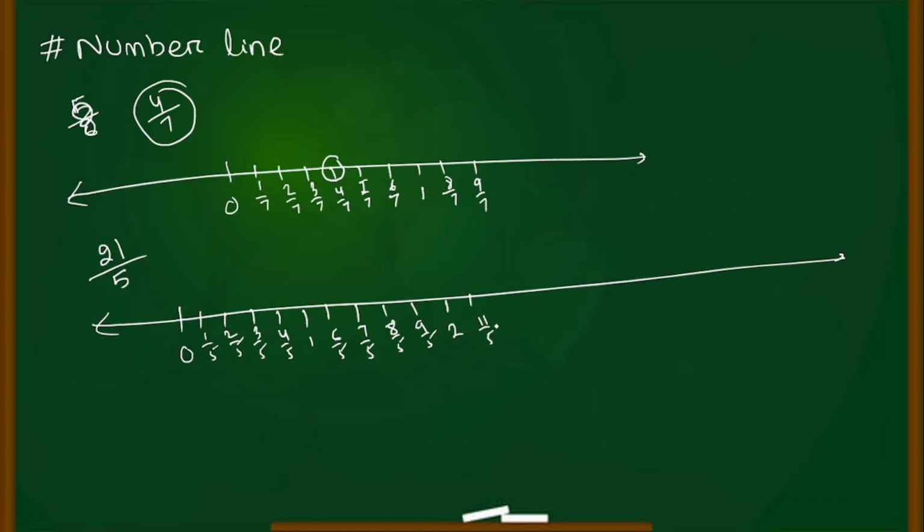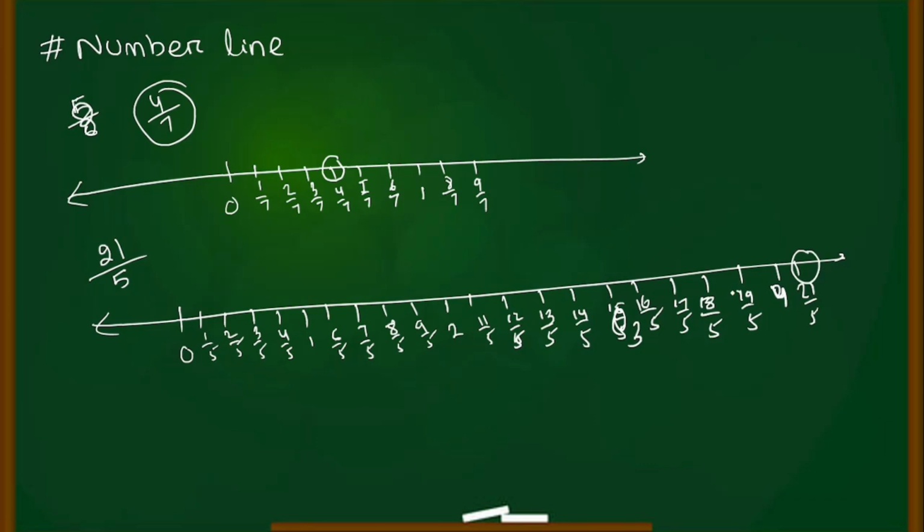Then 11 by 5, 12 by 5, 13 by 5, 14 by 5, 15 by 5, that is 3. Then 16 by 5, 17 by 5, 18 by 5, 19 by 5, 20 by 5 is 4. Then 21 by 5.